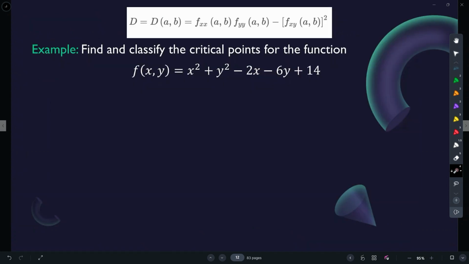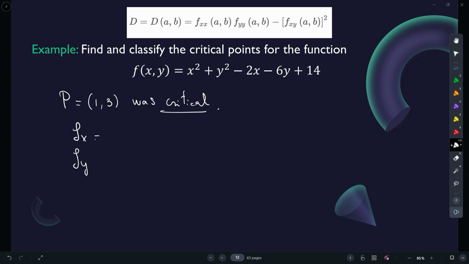Okay, so let's put it to use to classify that critical point we found before. So we found before that (1, 3) was critical. And now I have to figure out, using the second derivative test, what kind of critical point I have. So let's figure out, again, what is the first derivative. The first derivatives were 2x minus 2 and 2y minus 6.